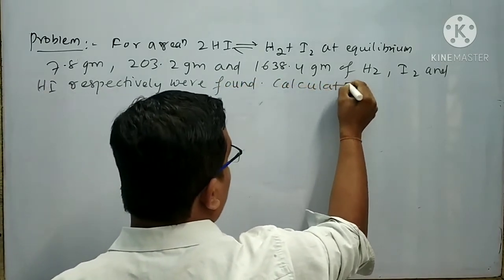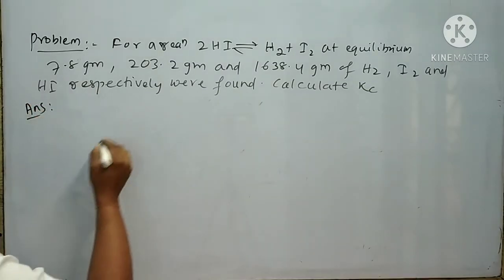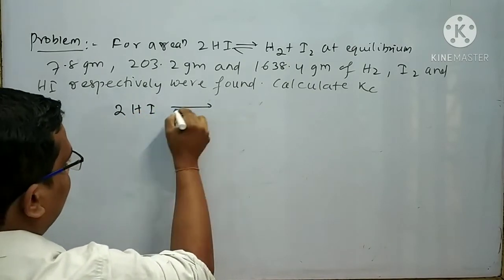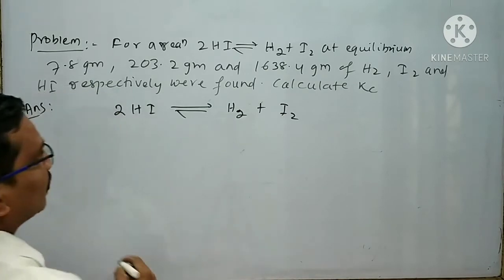Calculate Kc. In this problem, a reaction is given, that is 2HI gives H2 and iodine.